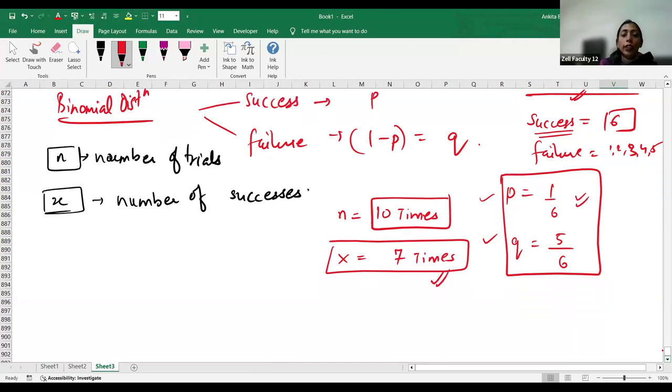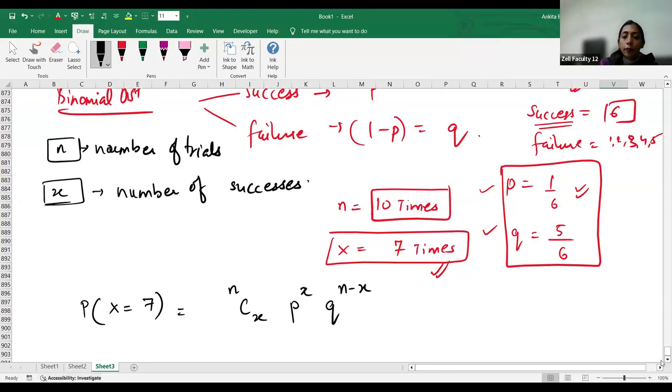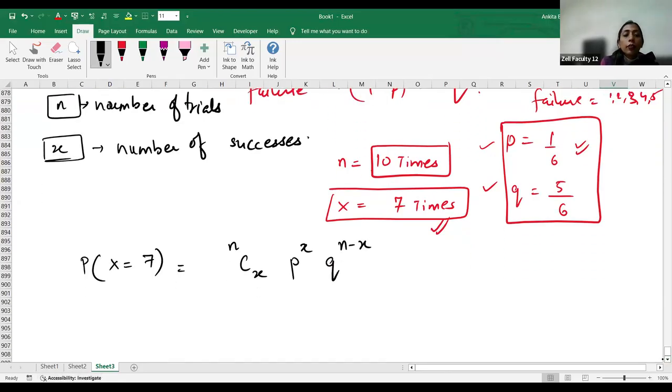So if I want to find this probability, then I need to know a formula. The probability of x equal to 7 is equal to nCx p to the power x q to the power n minus x. Now see here, what is n, what is x, what is p, what is q? This you guys know.